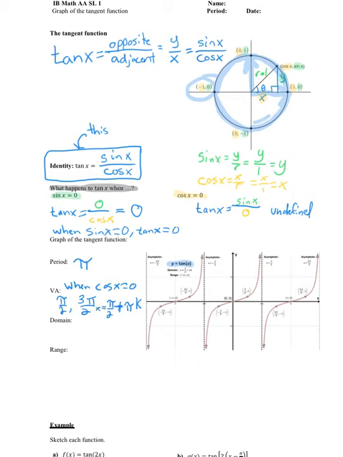X equals pi over 2 plus pi times k, where pi is the period of the function. So essentially, whenever you're looking for vertical asymptotes, you have to identify one vertical asymptote and the period of the function, and then you can write your equation. And k is a constant.